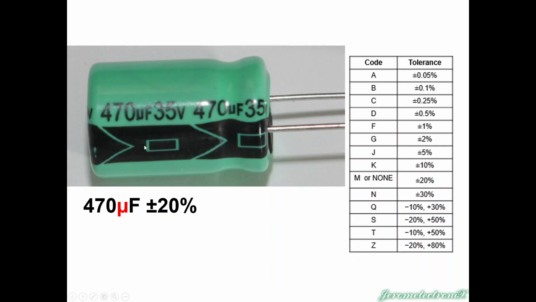I will be talking about that a little more later on, but one of these legs needs to be hooked up to ground, and the other one needs to be hooked up to power. If it's a polarized capacitor, they're not always polarized, but if it is, you're going to find this stripe on the side, and this stripe is even more convenient because it's got a little negative sign, and that means this is the ground side.